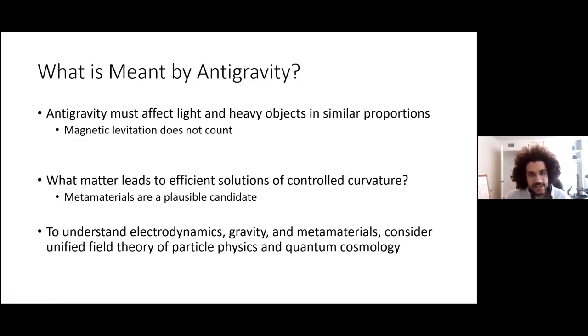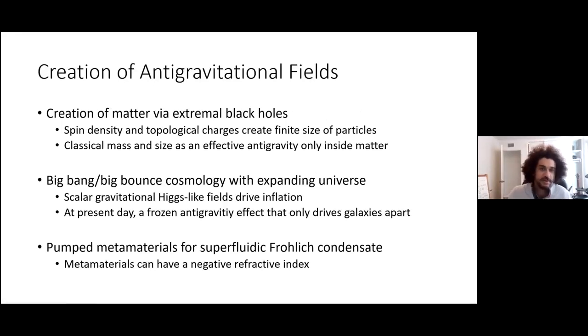And to understand how to do this, we really need to understand how electrodynamics and gravity come together. So I'm briefly going to go through unified field theory and particle physics. Honestly, most engineers don't need to know the details of this, but I really do think that the people who are figuring out how to bridge the gap between the science and engineering are going to need to understand some deep stuff that are at this level of difficulty. But I'm going to try to dumb it down for everyone.